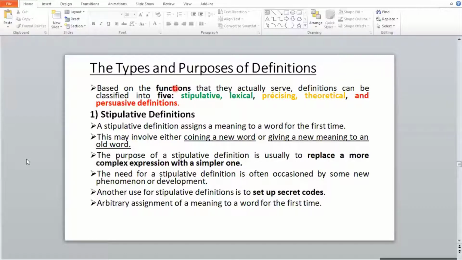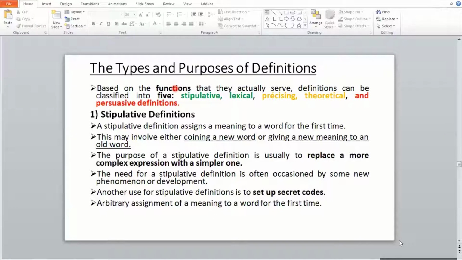This means we may, on the one hand, coin new words. We may create new words in our own way. At the same time, we may also give meaning to words which are old but have not been given a definition. So it works for these two situations, coining a new word and giving meaning to old words.